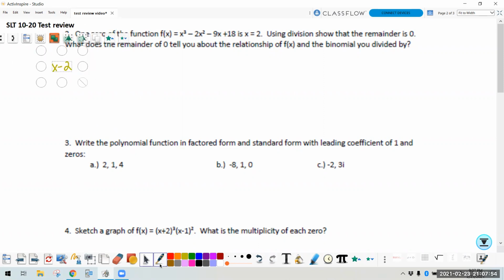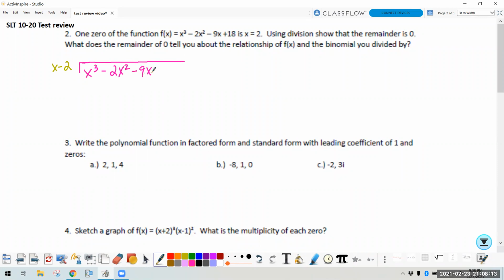I'll do some long division. That's a really crooked line. Let me try that again. That's better.